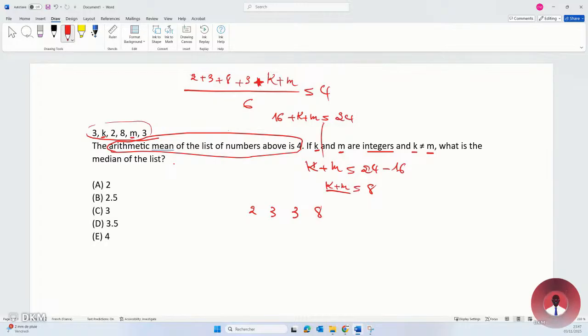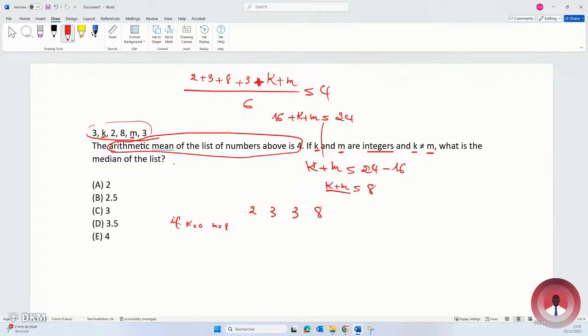Okay? So we are going to take some examples. Since it's equal to this, if k is 0, then m is 8.